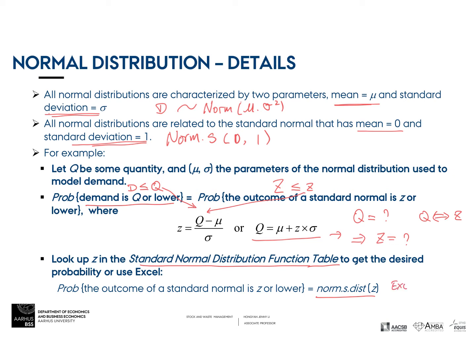So this is an Excel function, and you can find the probability that the outcome of a standard normal is z or lower. If you use the function, then the value is Phi(z). That's what we normally use. So Phi(z) equals F(Q). So that's the implied relation.